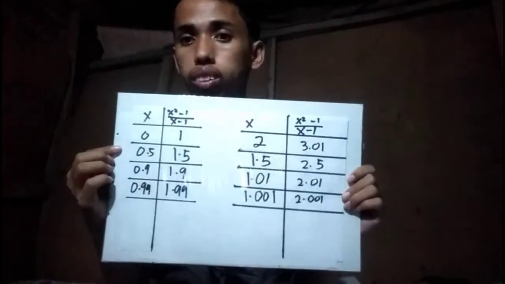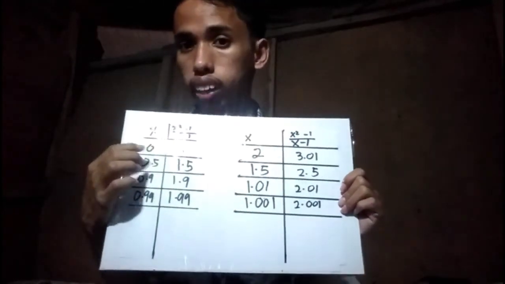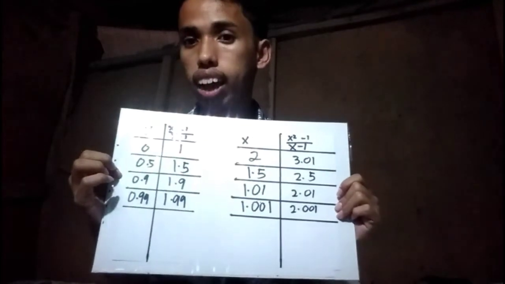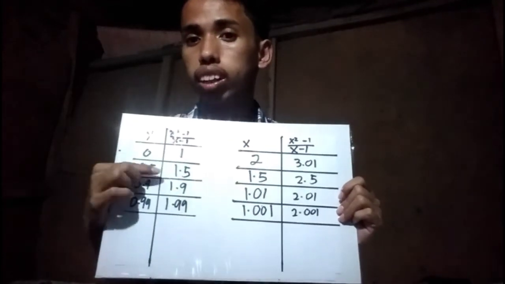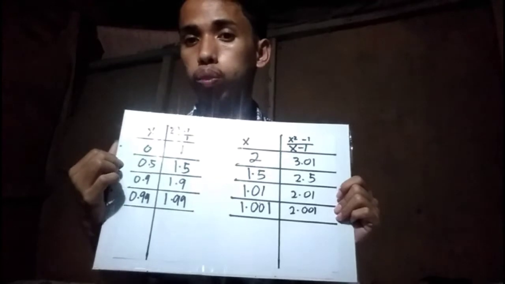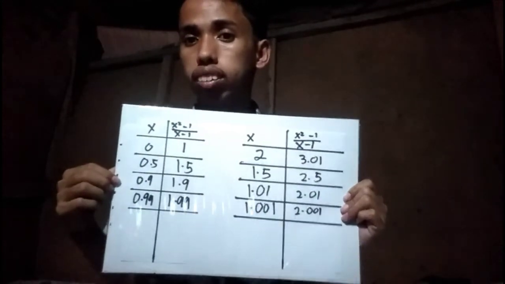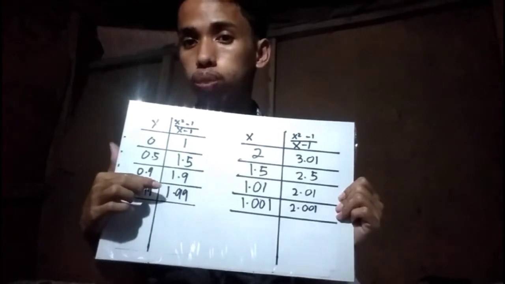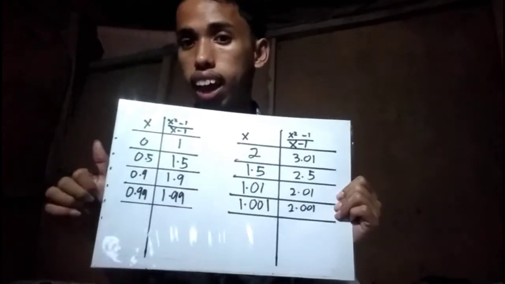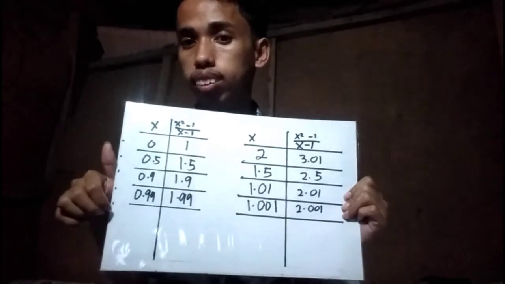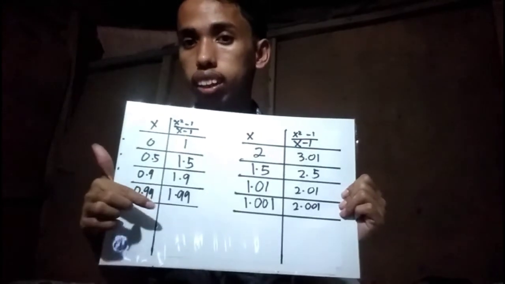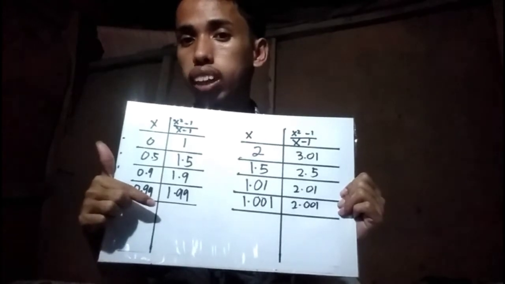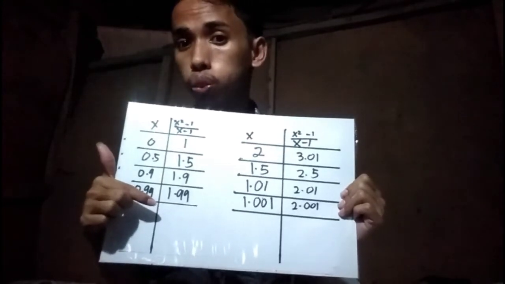So, when x is 0, the function value is 1. When x is 0.5, it would be 1.5. If the value of x is 0.9, the value of this function is 1.9. And if the value of x is 0.99, then the value would be 1.99, which is approaching 2.